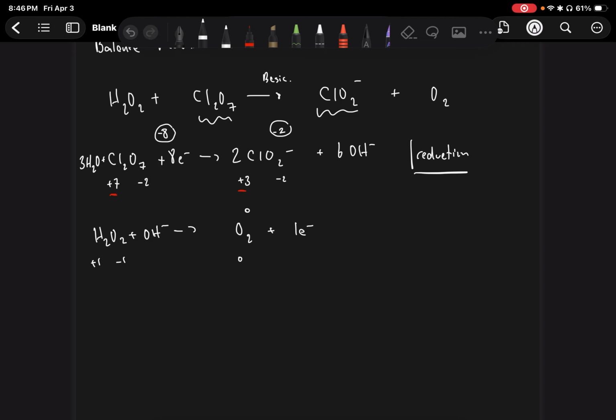Okay, now we run into a similar issue in that we have 3 hydrogens on the left side, and that's an odd number of hydrogens, bro. What do we do now? What do I do? Okay, wait, let me just think about this deeply. Does H2O2 have a charge?